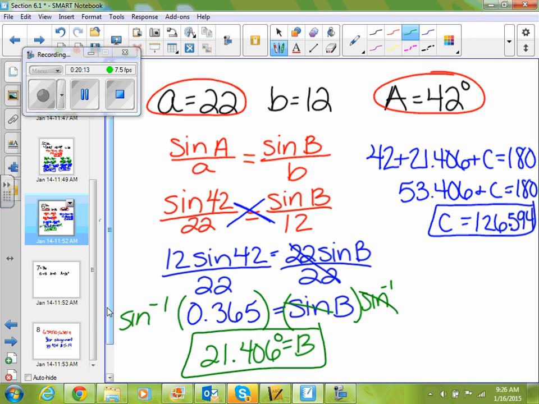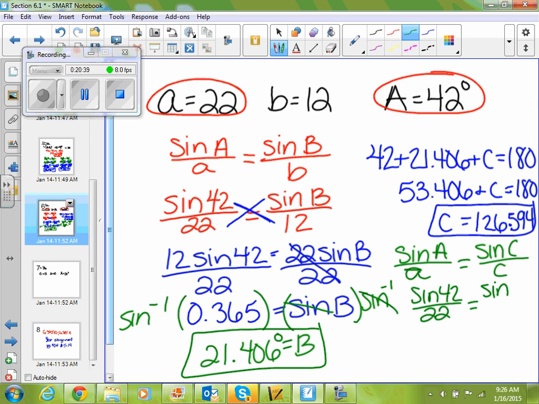Knowing that, now I can use my law of sines again to find the side opposite angle C. So sine of A over A equals sine of C over C. Sine of A means sine of 42. A is 22.